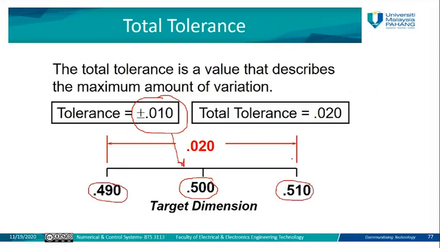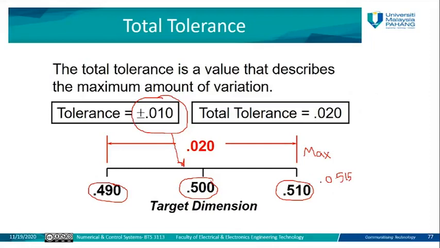So what is the total range from the maximum value of the dimension? This is the maximum. If the dimension that we produce has, like, 0.515, in this case this product or this object is not acceptable, so they will throw it.